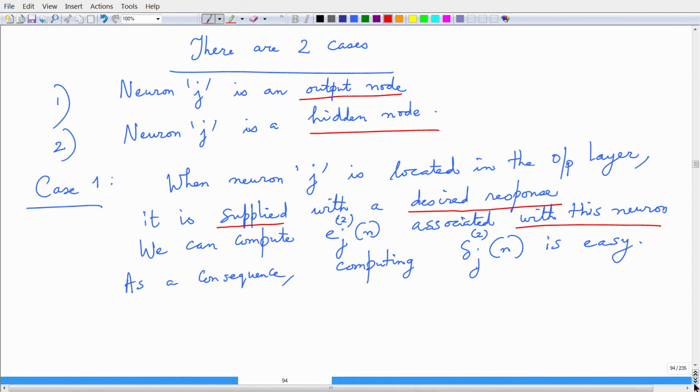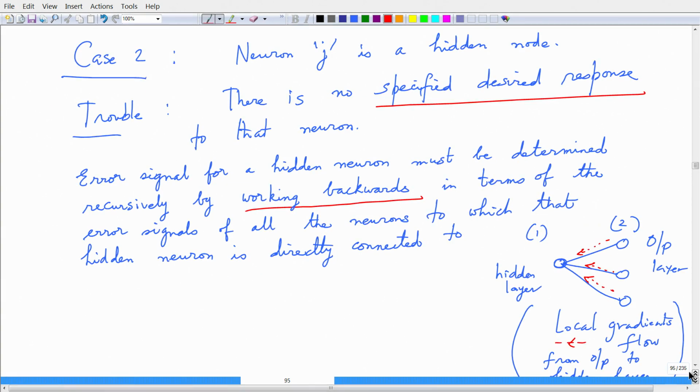But when we get to the hidden node, this is not straightforward because there is no specified desired response for that neuron. This is where there is another level of conceptual clarity that you need to have to understand the working of the algorithm, right.